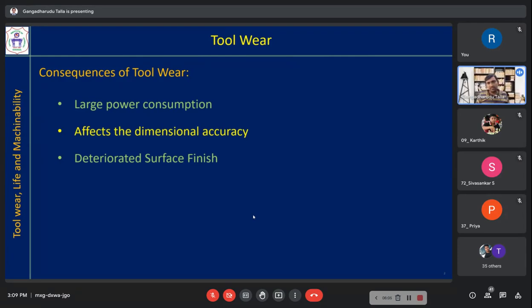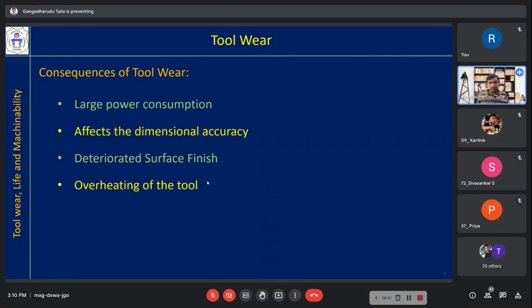You are exerting a very heavy amount of force, so the surface finish will be poor. There will be more compression, and of course a built-up edge will also come into the picture if the tool is not sharp.